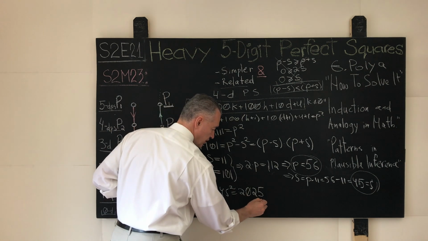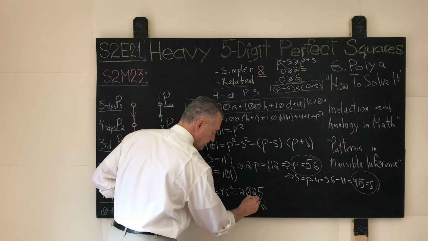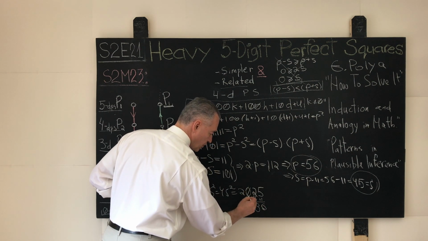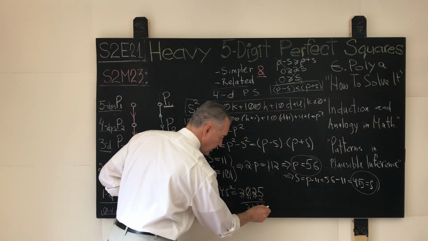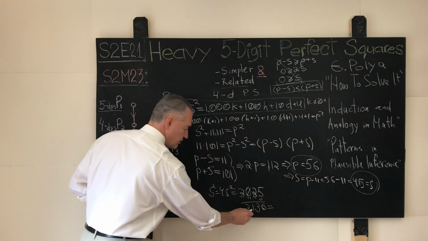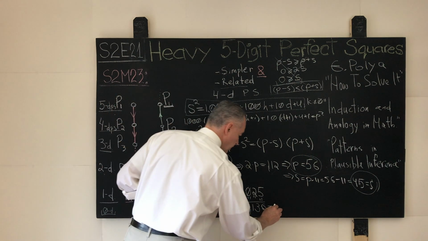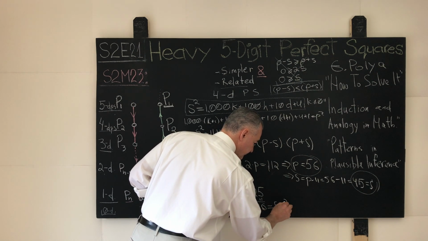Add 1 to each digit. 2 plus 1 is 3, 0 plus 1 is 1, 2 plus 1 is 3, 5 plus 1 is 6. And what is this? 3136 is a perfect square, and it happens to be 56 squared.